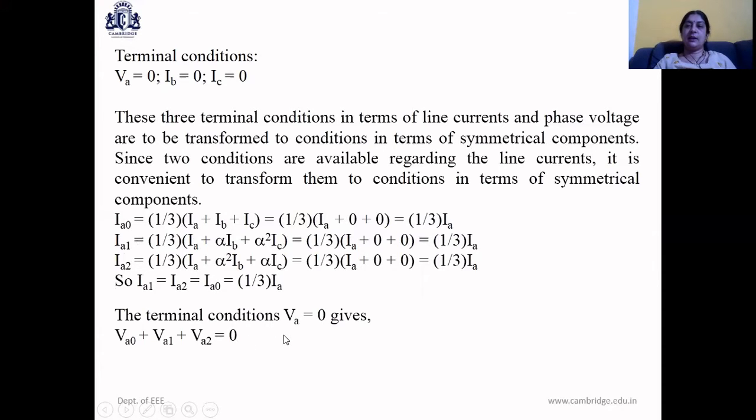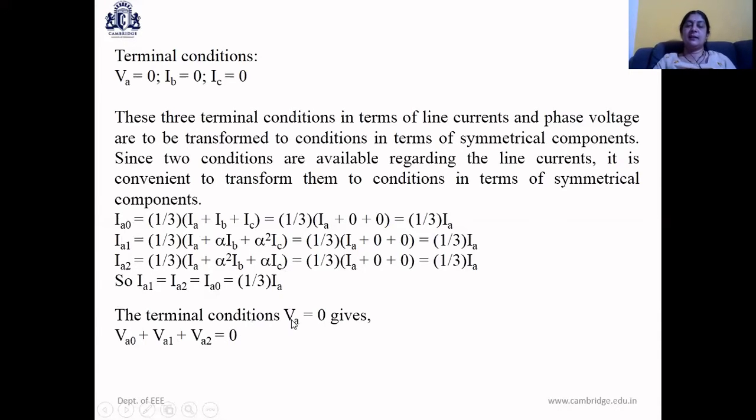The terminal condition VA equal to 0 indicates that VA0 plus VA1 plus VA2 equal to 0. What is VA? VA is equal to VA0 plus VA1 plus VA2, and now that value is equal to 0.